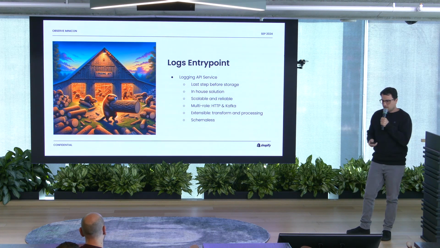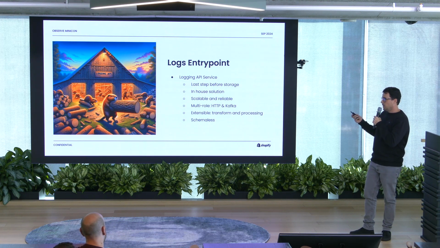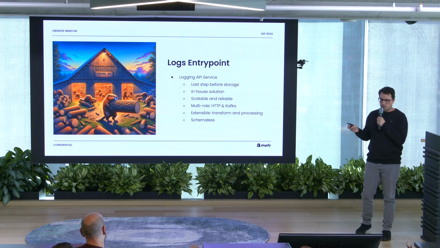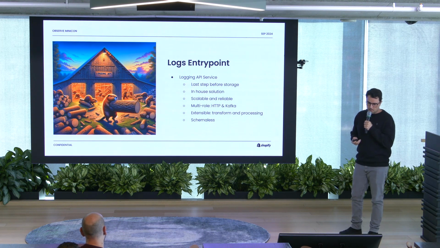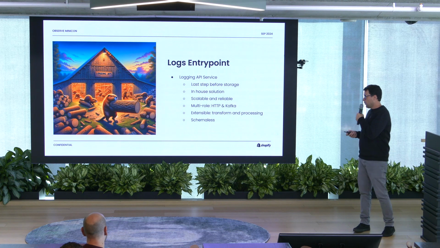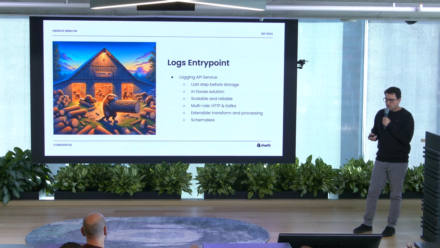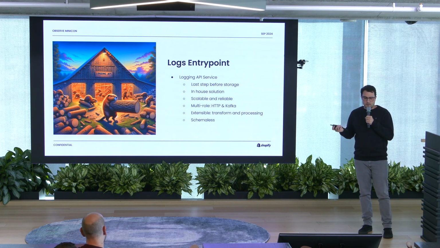As Elijah also mentioned, I'm proud of myself, I was the first committer of this repo and built the first version of the collector API, which is now the logging API. It is scalable and reliable. It plays multiple roles. We can ingest logs via the HTTP interface, but we can also consume the logs directly from Vector.